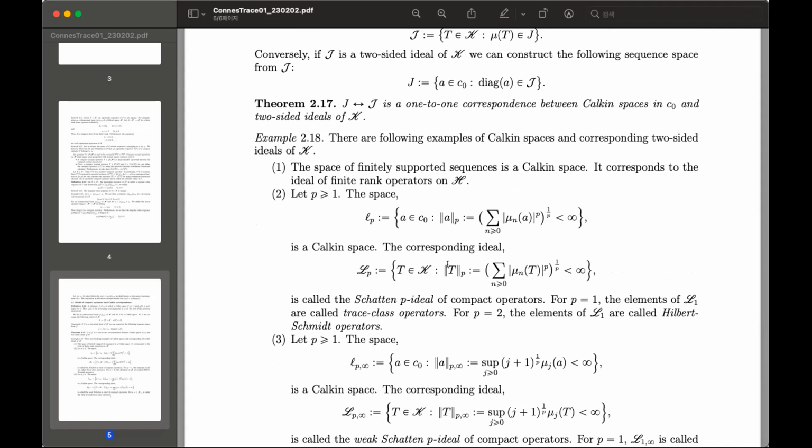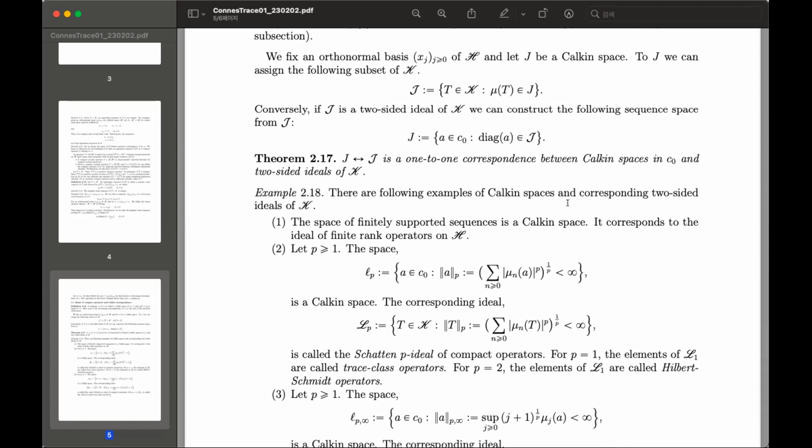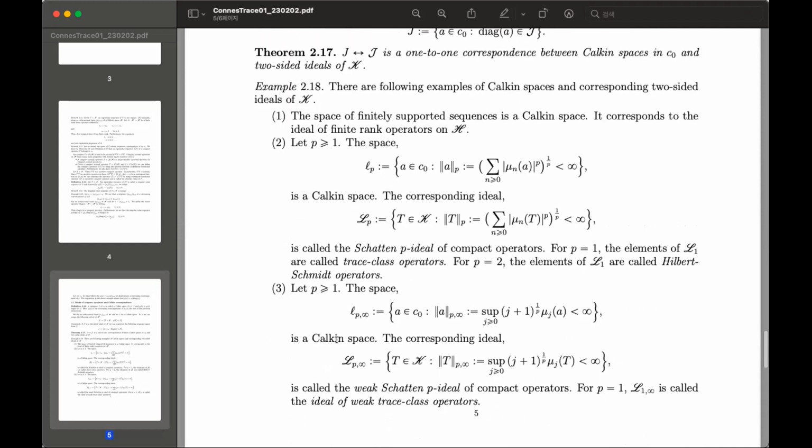So we define the notion of the Schatten p ideal of compact operators, whose singular value sequence exactly belongs to the small lp space. And we define the notion of the weak Schatten p ideal of compact operators as the set of compact operators whose singular values exactly have this decaying property.